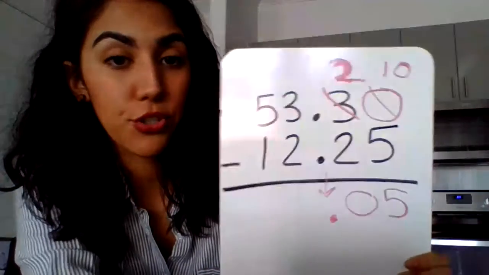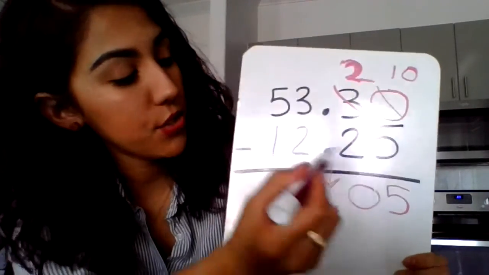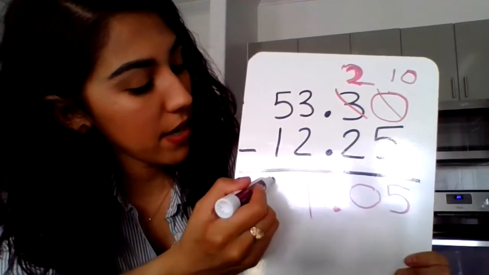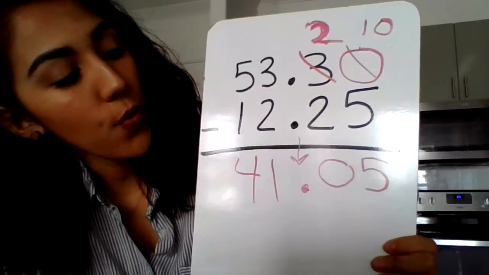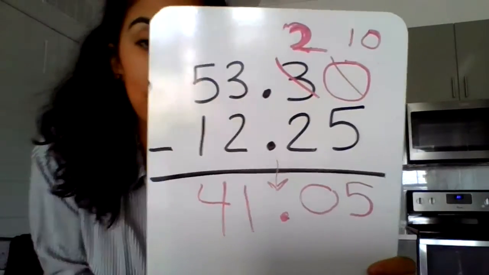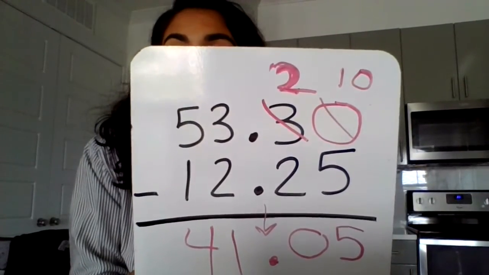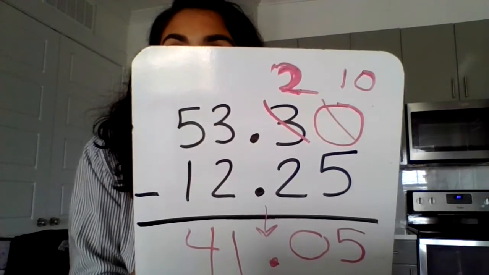Drop your decimals straight down. 3 minus 2 is 1, and 5 minus 1 is 4. Your final answer is 41 and 5/100. So write that on your paper, show your work, and make sure to input that decimal exactly how it is in your Google Forms.